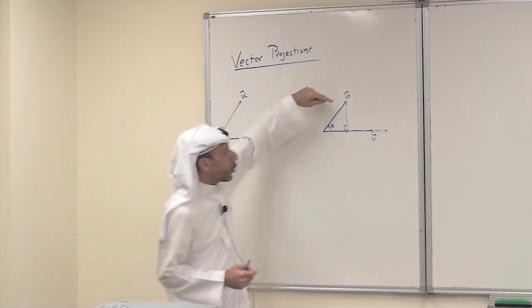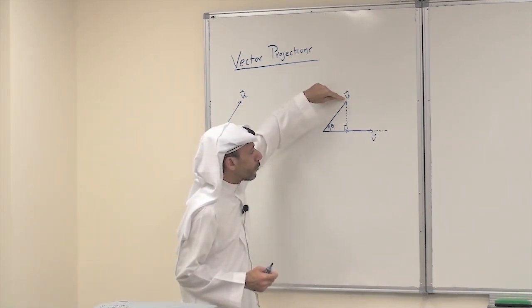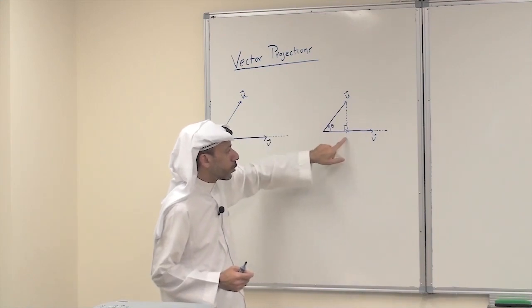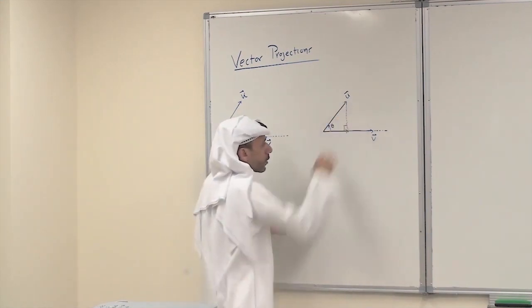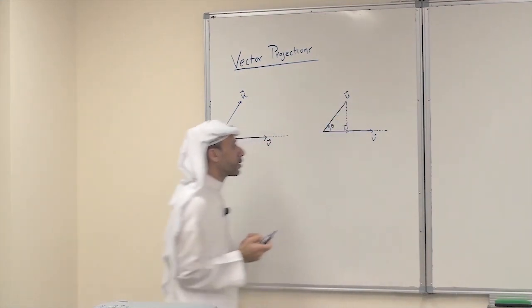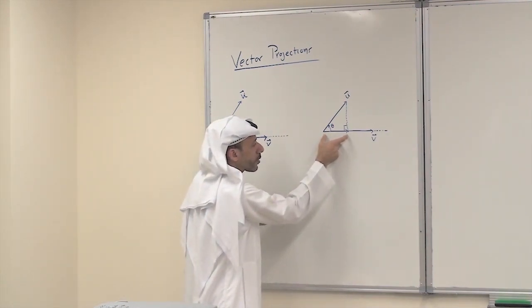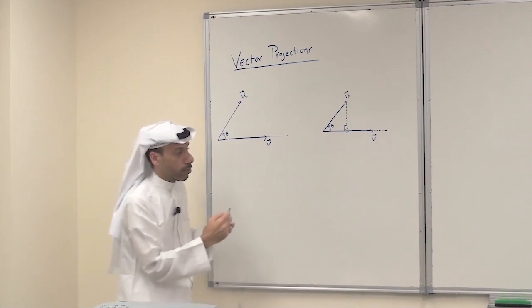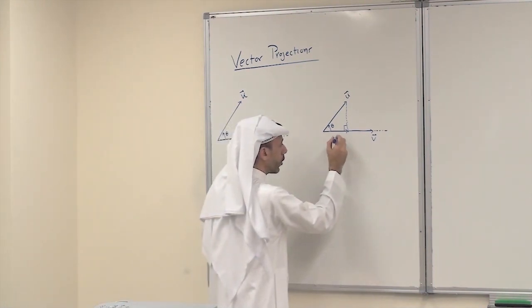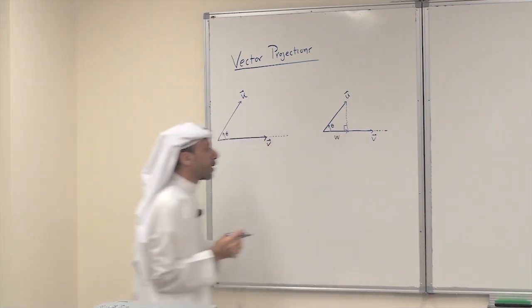So when you take a perpendicular line from u onto v, we get this line, and we get this 90 degree angle, and we get this line segment here. We think of this line segment as a vector, so let me call it w.